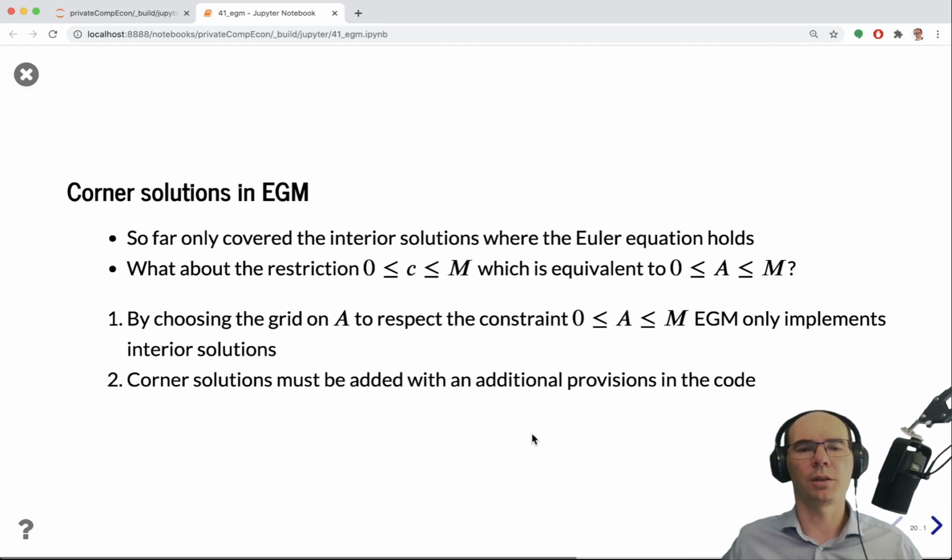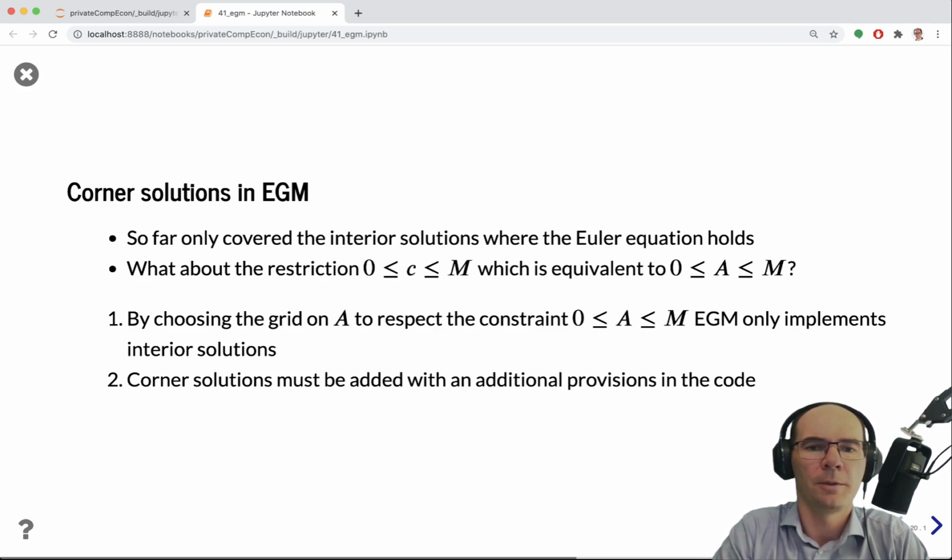Okay, now let's go back to the corner solutions. So far, we've only used Euler equations, and as I said in the beginning, this only covers the case of the interior solutions. What about the restrictions for C being between 0 and m, and thus A being between 0 and m as well?